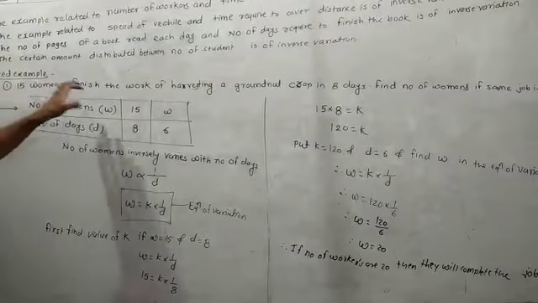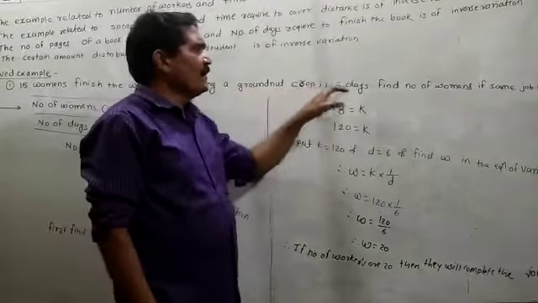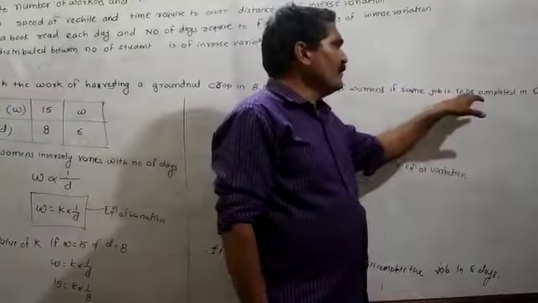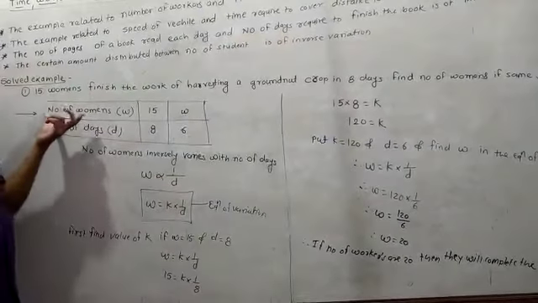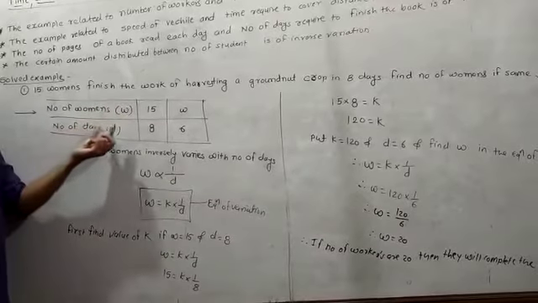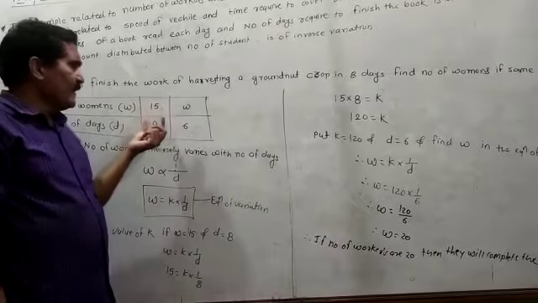15 women finished the work of harvesting the groundnut crop in 8 days. How many women are needed if the same job is to be completed in 6 days? In short, I will represent the number of women by W and the number of days required by D. If the number of women is 15, they finish the work within 8 days.